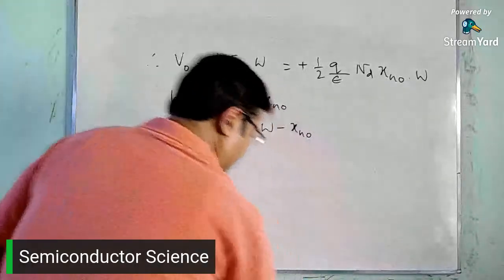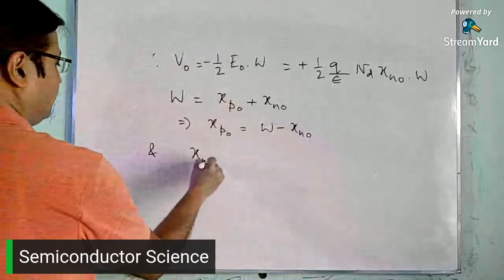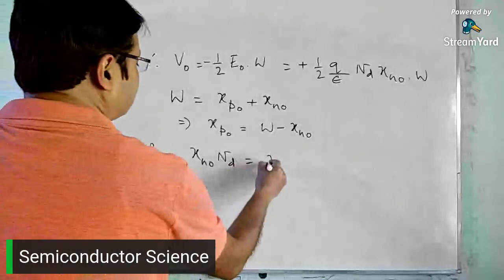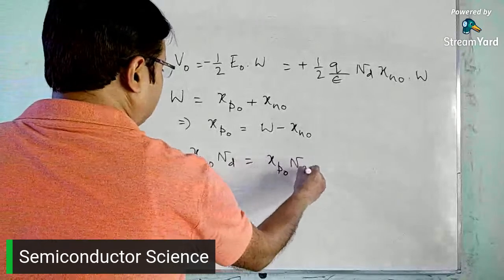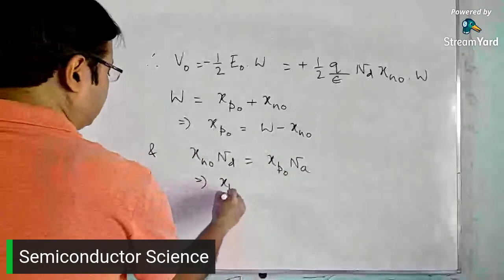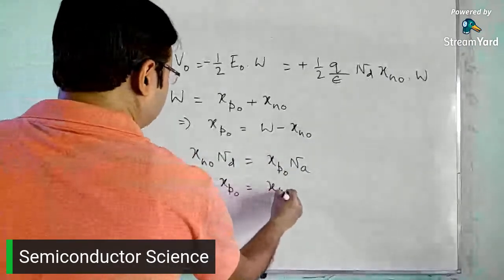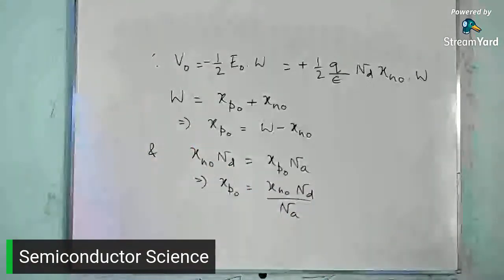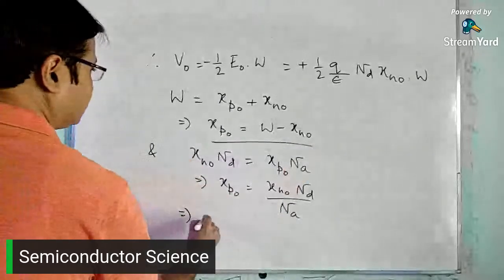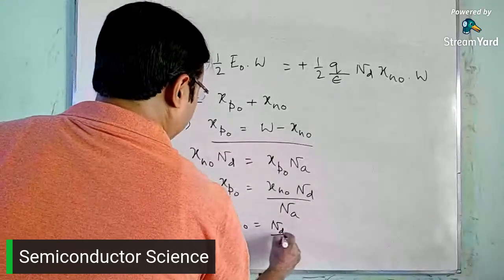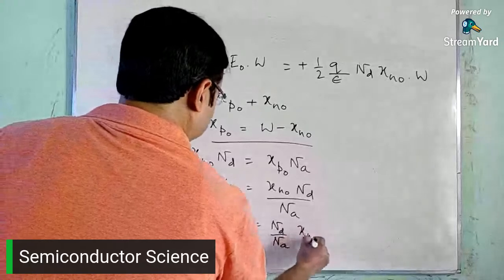Okay, and as we know that xn0 into capital ND is equal to xp0 into capital NA. So here we can find the value of xp0 equals xn0 into ND by NA. Now, putting the value of xp0, that is W minus xn0 is ND by NA into xn0.